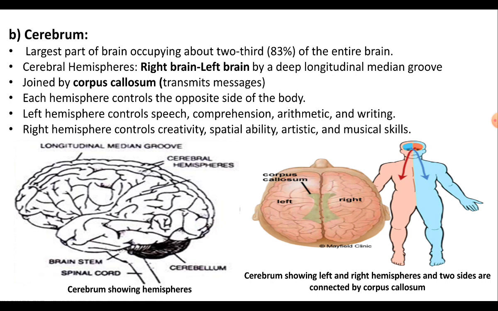Each cerebral hemisphere controls the opposite side of the body. That means if a stroke occurs on the right side of the brain, your left arm or left leg may be weak or paralyzed. In general, the left cerebral hemisphere controls speech, comprehension, arithmetic and writing, whereas the right cerebral hemisphere controls creativity, spatial ability, and artistic and musical skills.